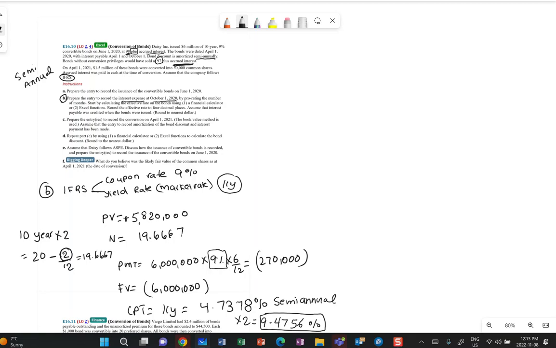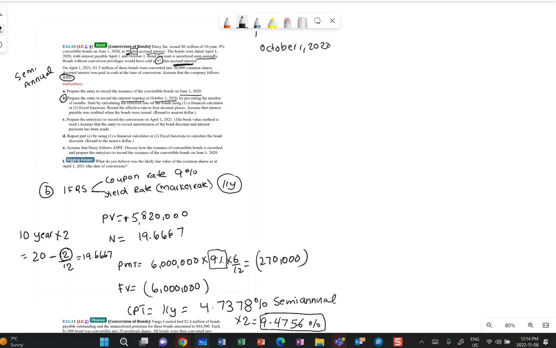If I show you the table way, sometimes you will be able to see it better when you're doing the transaction. We got the note on June 1st, and now our first semi-annual payment will be on October 1st, 2020.